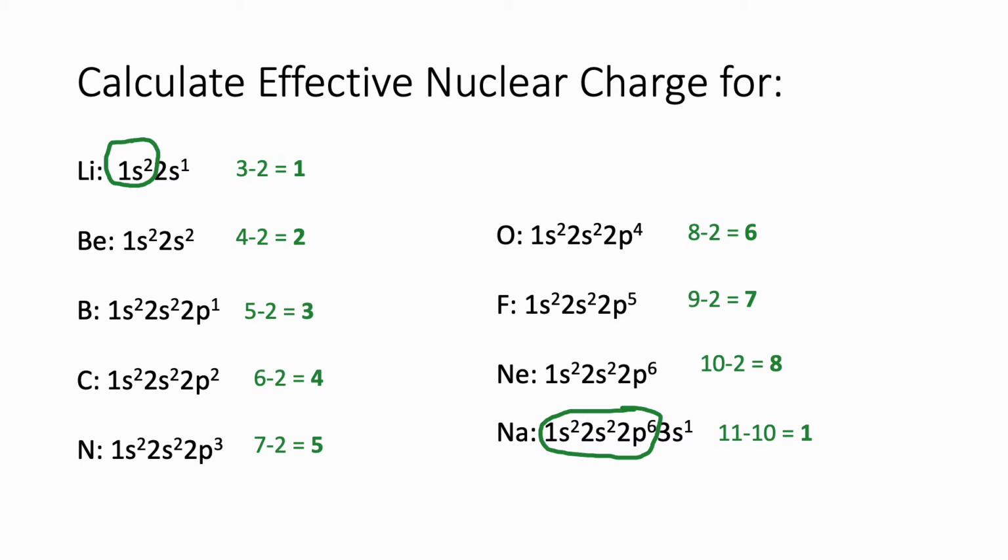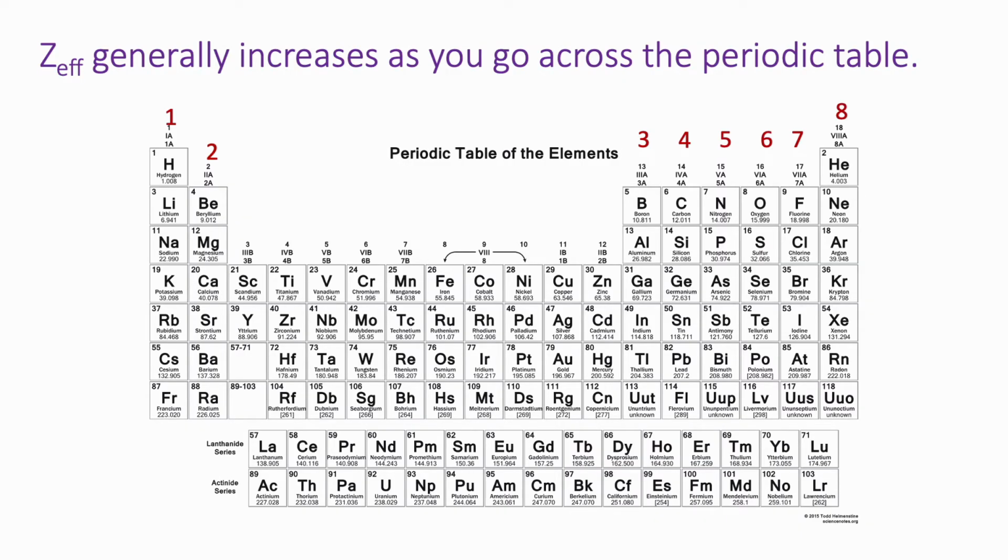So what's going to happen in general is as you go across the periodic table, Z effective is going to increase. Now you'll notice it says generally, and that's because transition metals are weird. And weird things do happen with transition metals when we're talking about periodic properties. So quick summary of what we've just talked about.